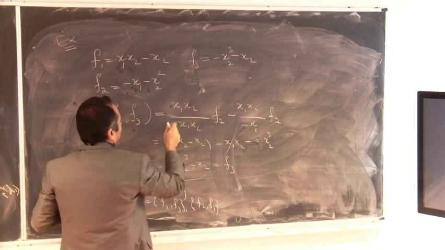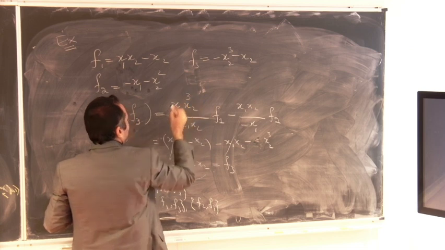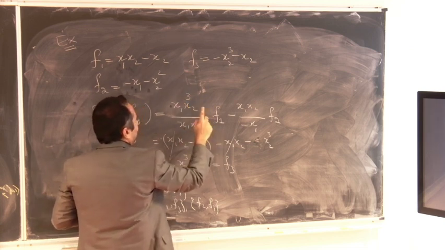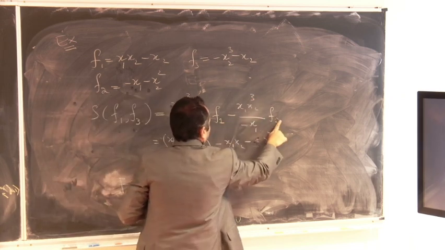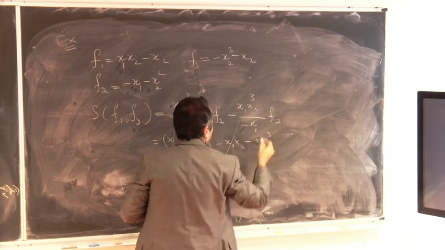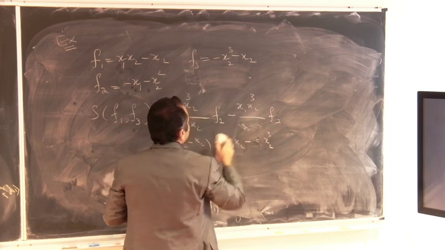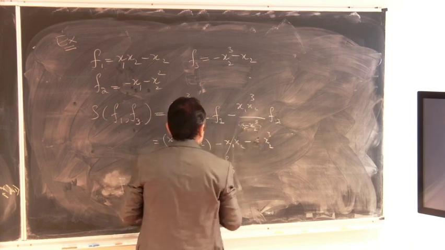So the LCM of these leading terms would be, in this case, x1 x2 cube. We need to divide it by x1 x2 and multiply with f1, and minus, we have the same x1 x2 cube, and we now need to multiply with x3, and divide by the leading term of f3, which is minus x2 cube.